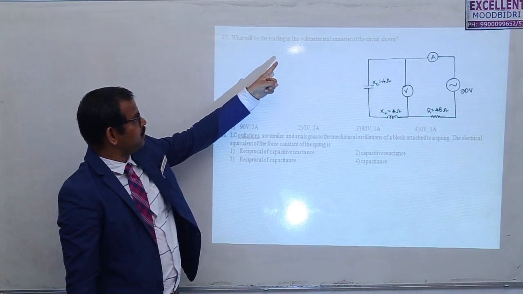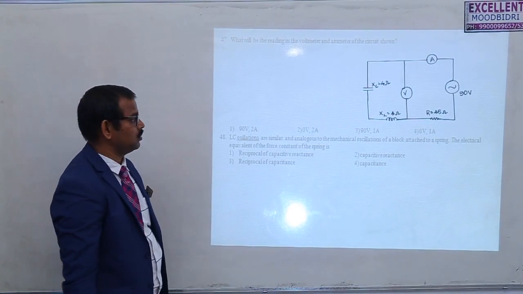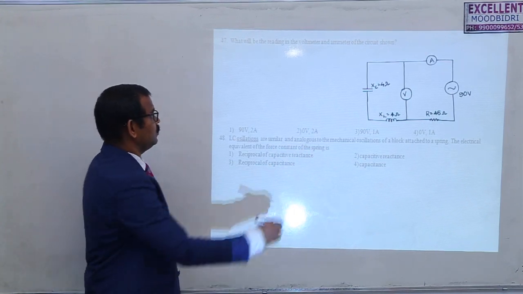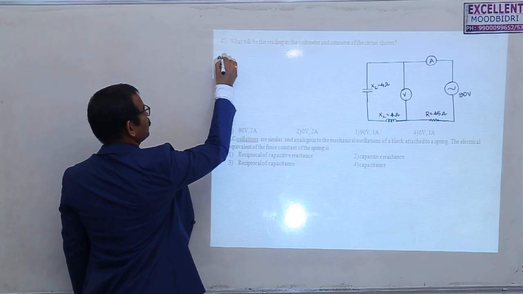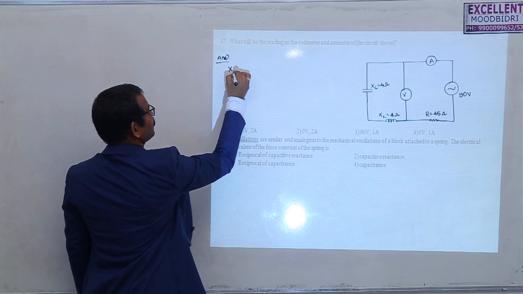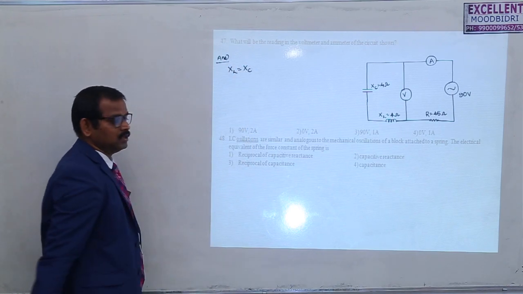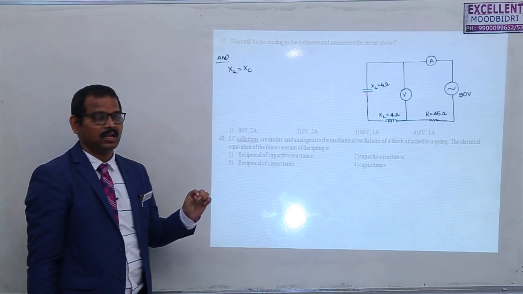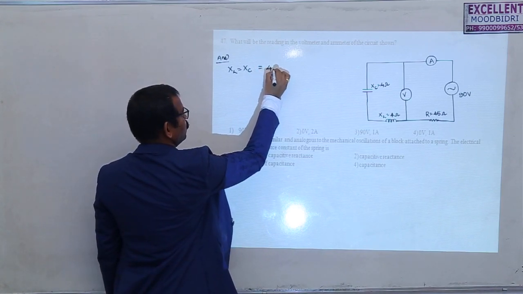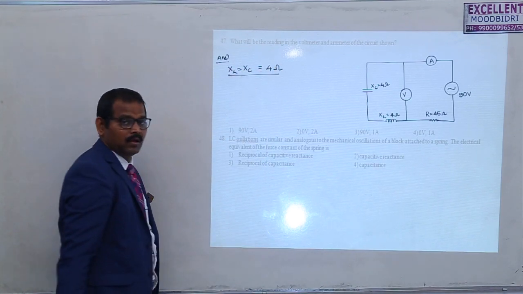47. What will be the reading of voltmeter and ammeter of the circuit? You can see in this problem number 47, XL is equal to XC, that is inductive reactance is equal to capacitive reactance, which is equal to 4 ohms here.